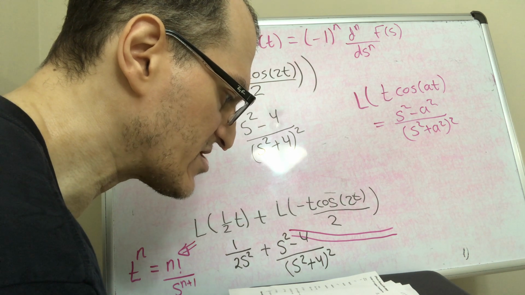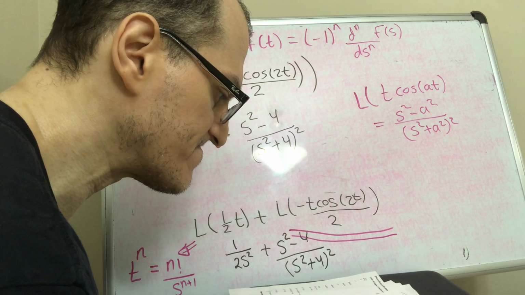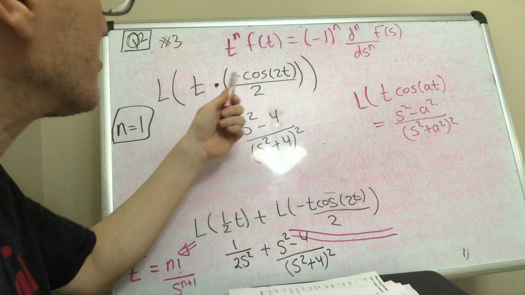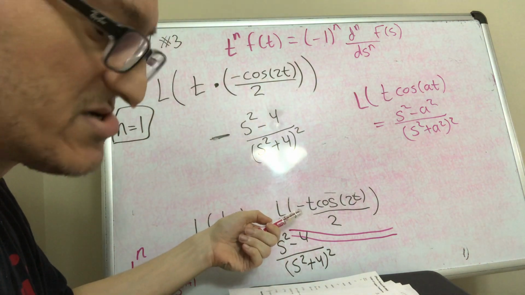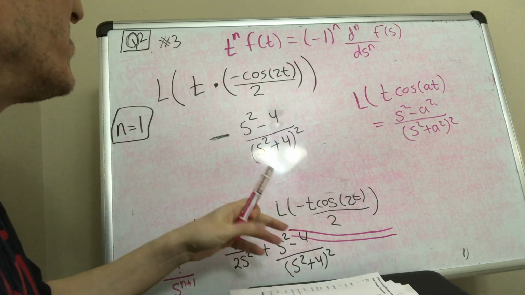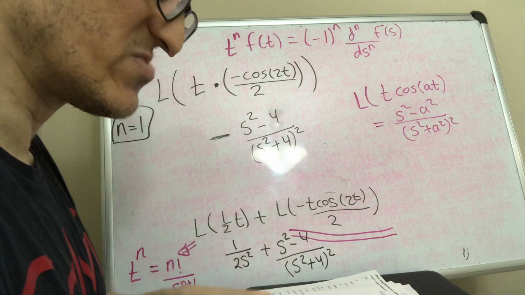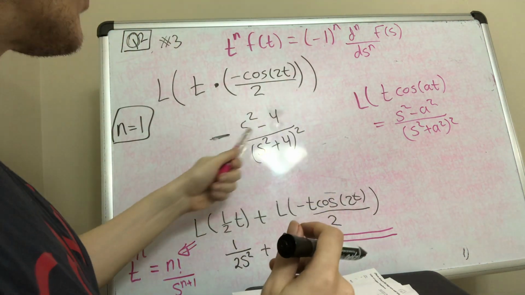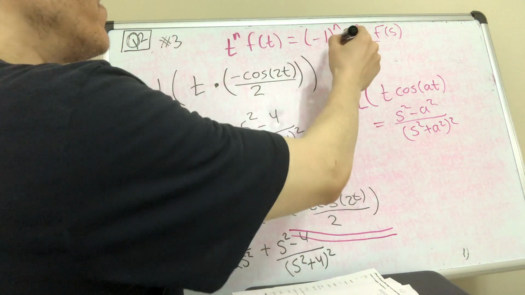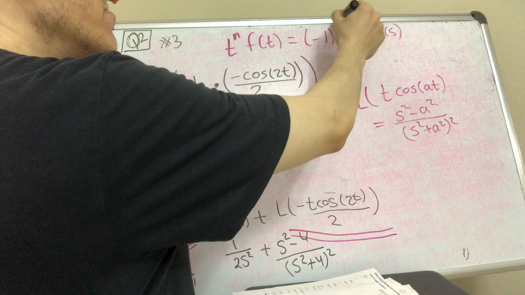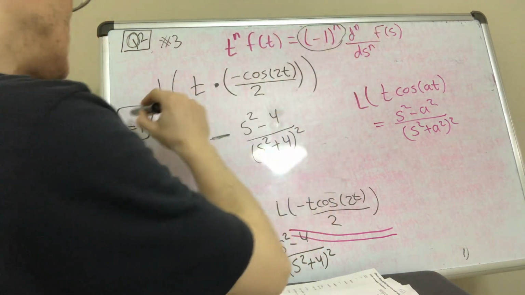Let me just have a quick look at it. So we're doing the Laplace transformation for this using the rule. Yeah, okay, I know what's going on here. In the rule, when we found the derivative, not only the derivative, you need to multiply it by minus 1 to the n.